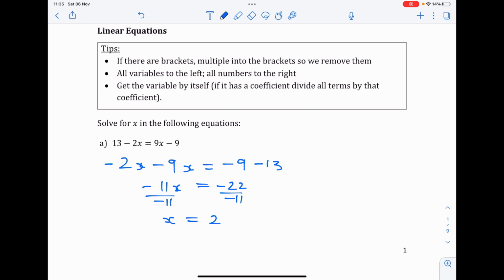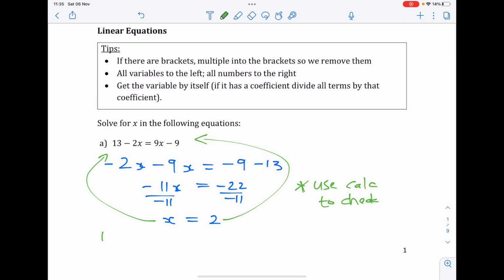A trick or a tip that you can use is that you can use your calculator to check your answer. So what you would do there is you substitute x is 2 into the left and see what you get, and do the same thing for the right. So if I had to do that quickly, it's 13 minus 4, because minus 2 times 2 is minus 4, and that gives us 9.